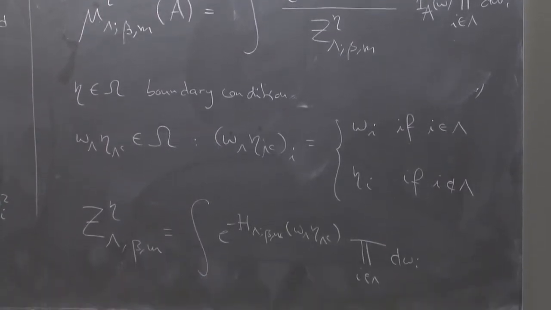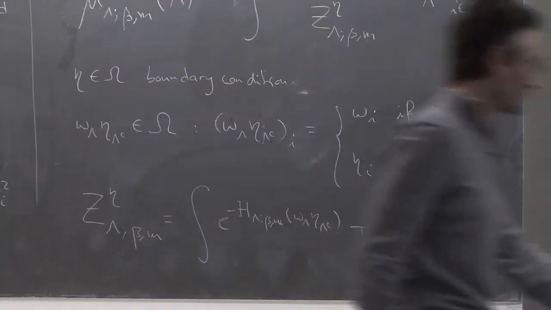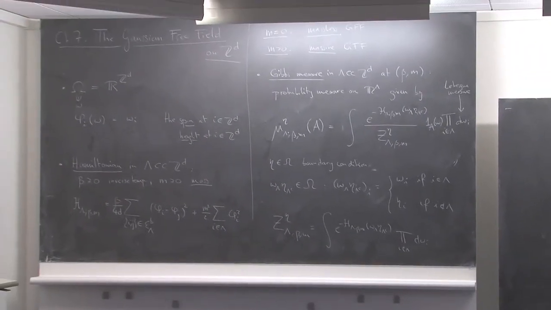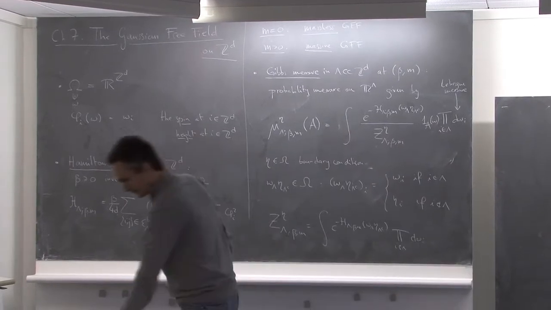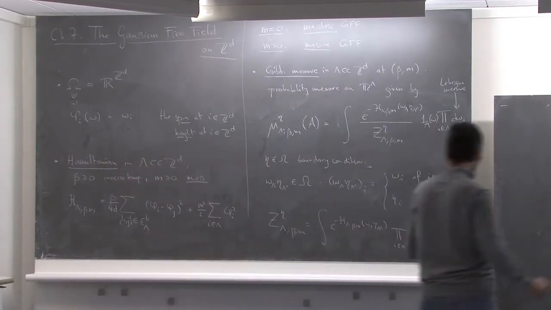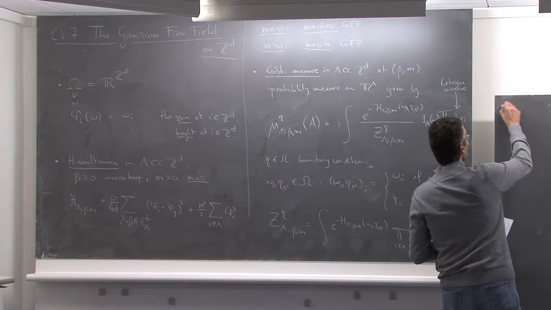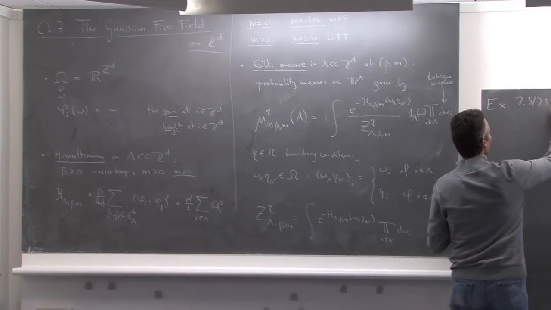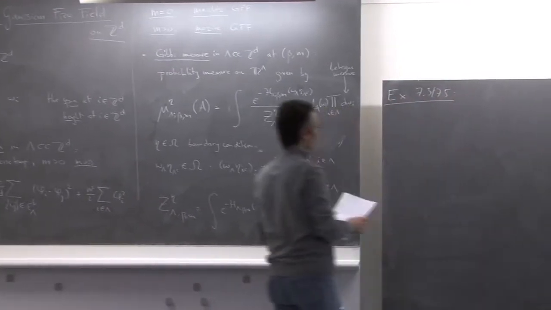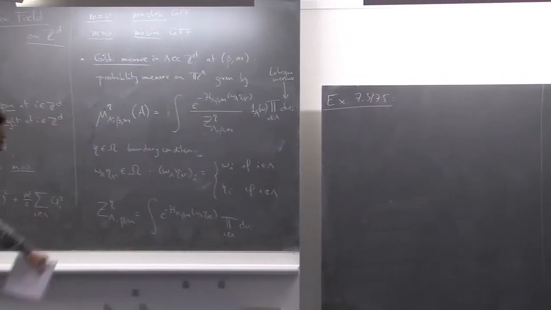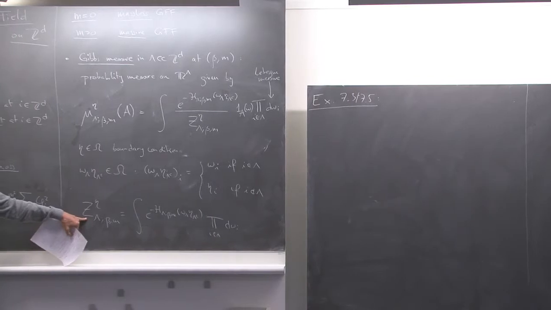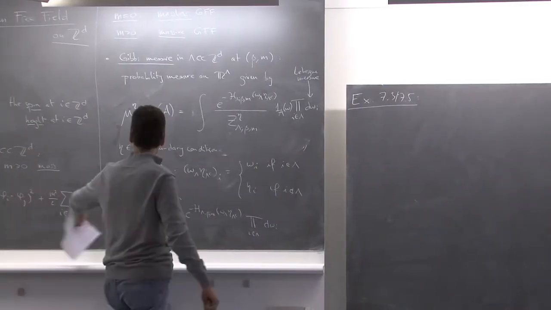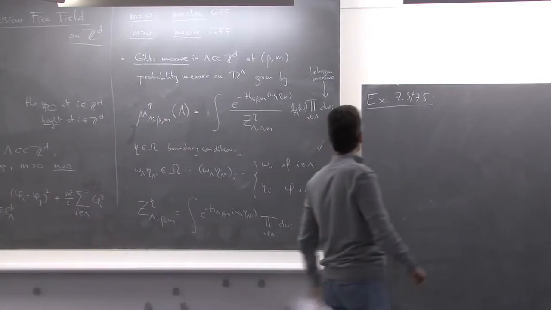Good. Now, a simple exercise, but important to do, just to check that things are well defined. It was trivial in the Ising model, it's not completely trivial here. It's exercises 7.3 and 7.5, which I will mix in the book. It's not completely immediate that this quantity is always finite. You have to check it, in particular when the mass term is not here.